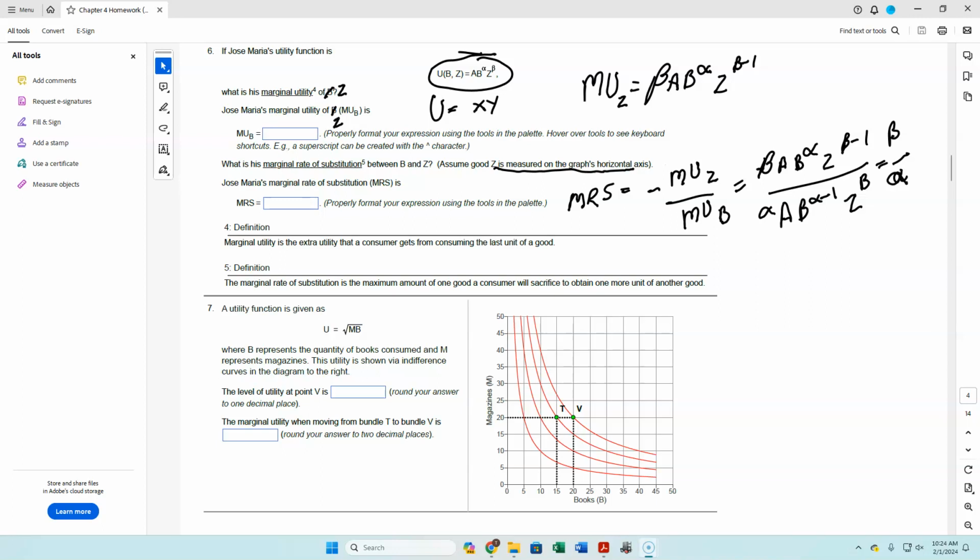But you'll notice here that the A's cross out. In terms of the B, we've got a B to the alpha in the numerator and a B to the alpha minus 1 in the denominator. That leaves me with a B term here because I've got an alpha in the numerator and alpha minus 1 in the denominator.